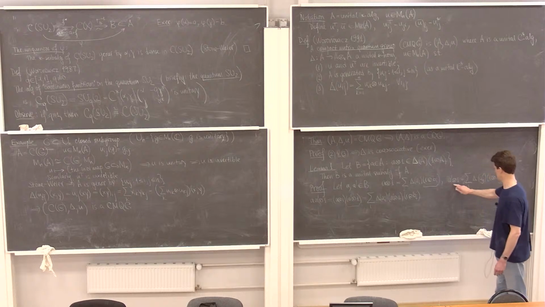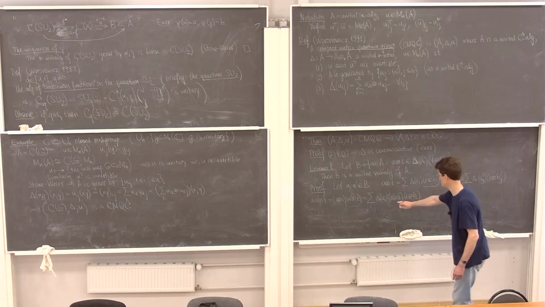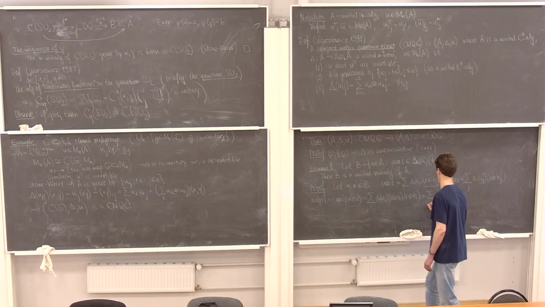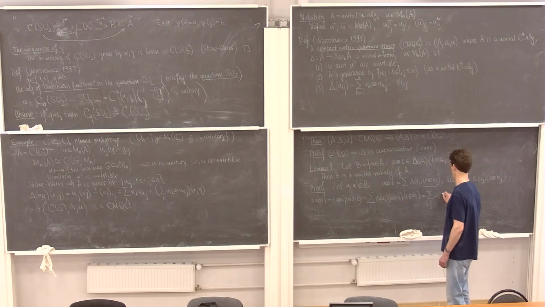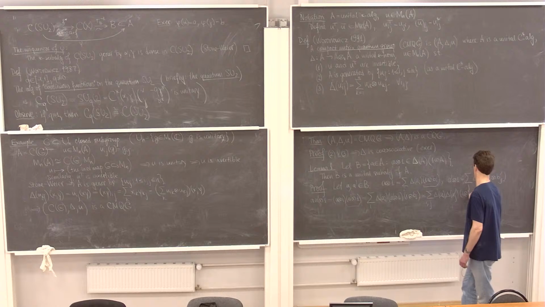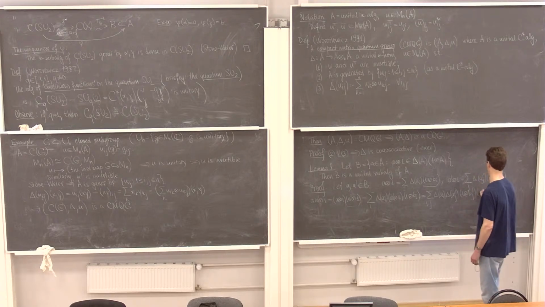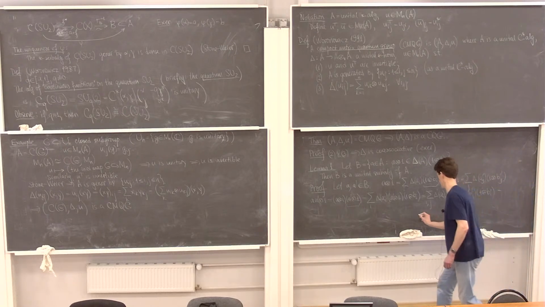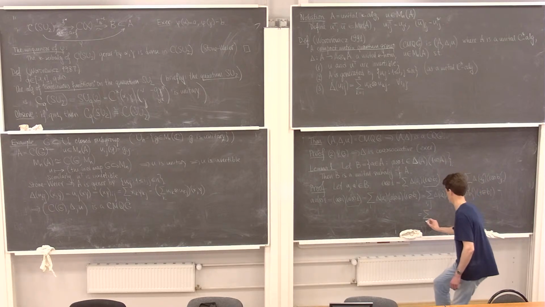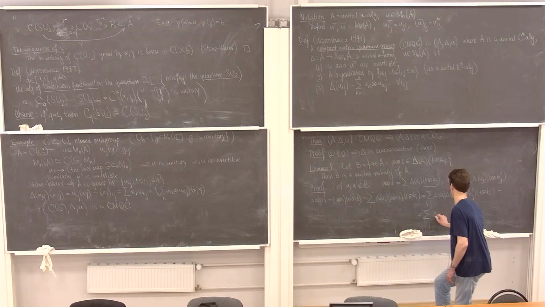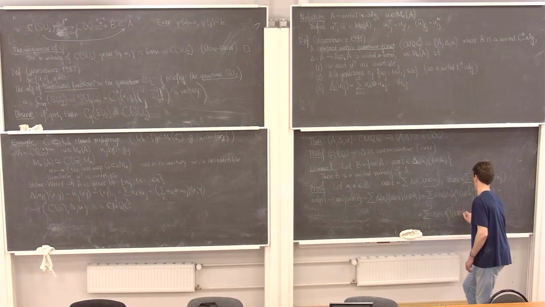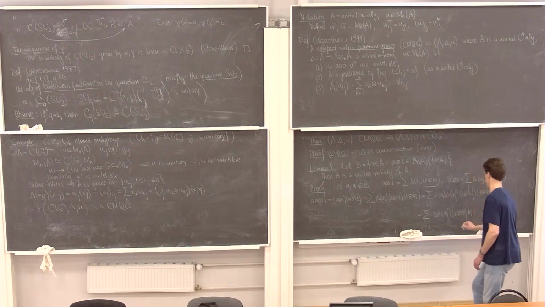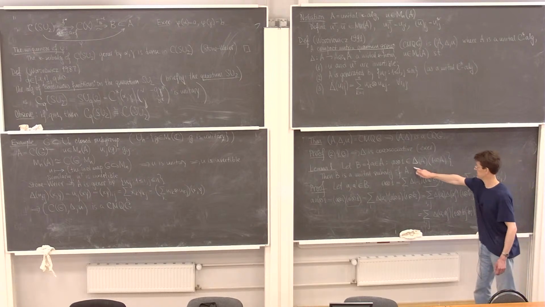Now we substitute the expression for a prime tensor 1 here. So we get the following double sum over i and j, delta of a_i, delta of a_j prime, 1 tensor b_j prime, 1 tensor b_i. And as a result, since delta is an algebra homomorphism, this is the sum over i and j, delta of a_i a_j prime times 1 tensor b_j prime b_i. And this clearly belongs to the same subspace.